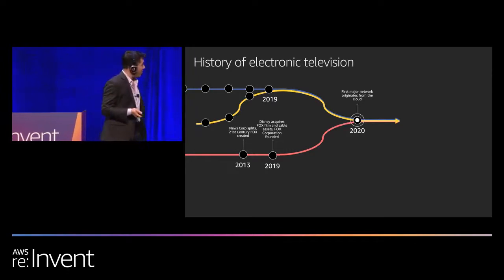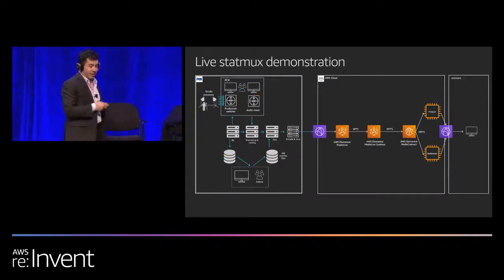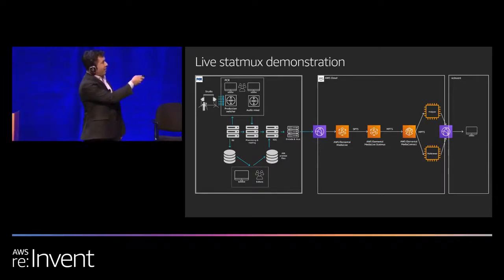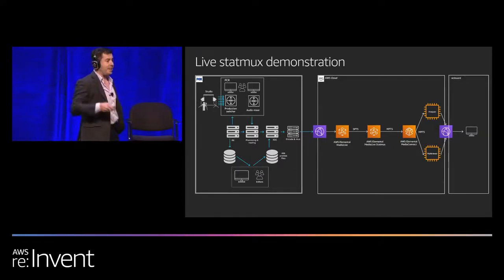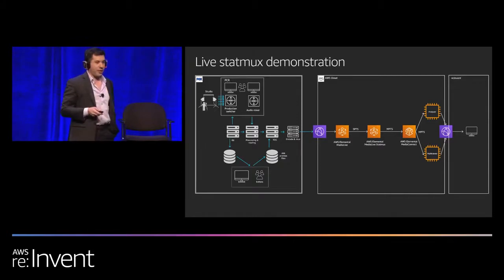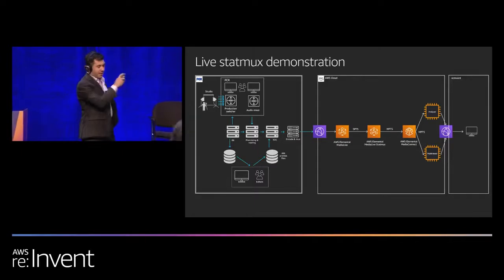I'd like to show you the workflow of the demo that we're going to show you in a second. Basically, what's happening here is that we have the encoders on-prem in Pico, like I said, contributing 80 megabit contribution sources, HEVC encoded, to AWS. And it's going through the MediaLive service and then into the StatMux.